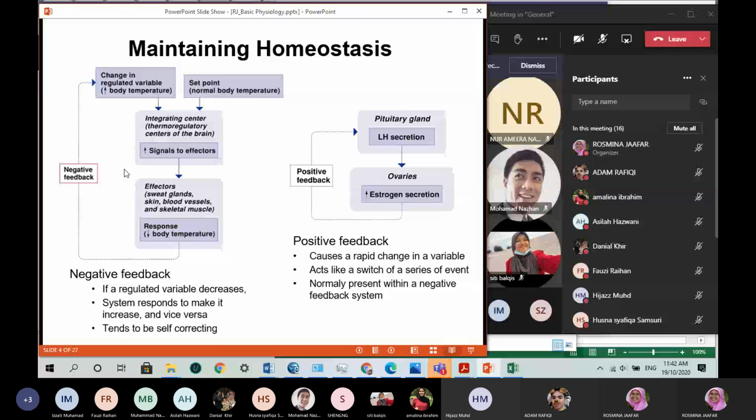For example, sweating. This example is actually body temperature maintenance, where in the body there is an integrating center, the thermoregulatory center. You have to maintain a safe body temperature of 37, and you allow 1 degree above and below.